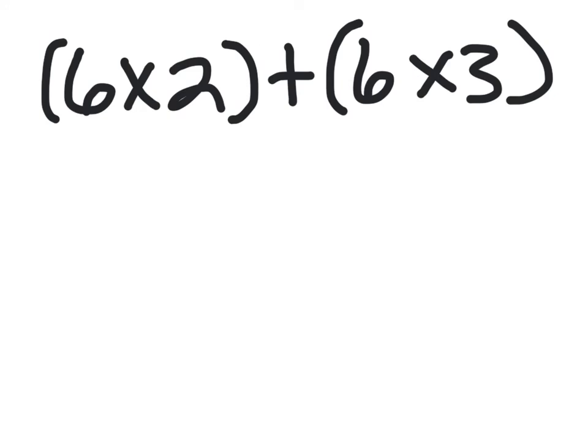Here we have an expression where the distributive property has already been applied. What I see is that there's a 6 and a times in both sets of parentheses. So I'm going to take now and put the 6 and the times outside of the parentheses. Now I need to think about what would go in the parentheses.